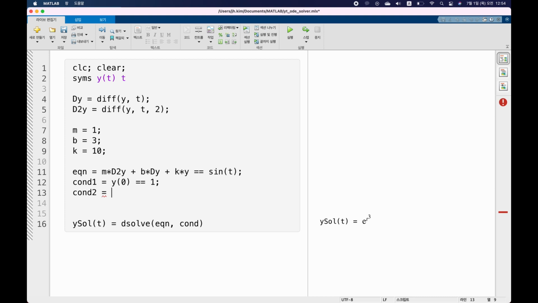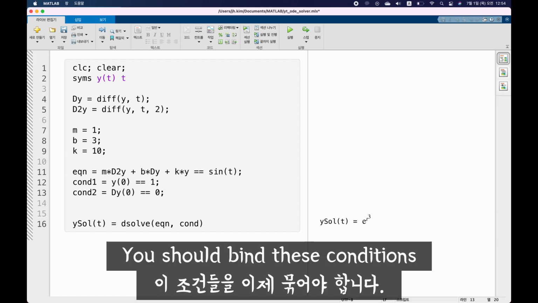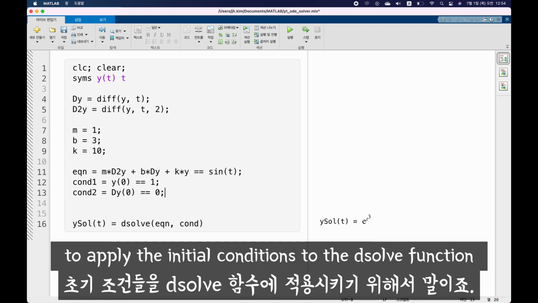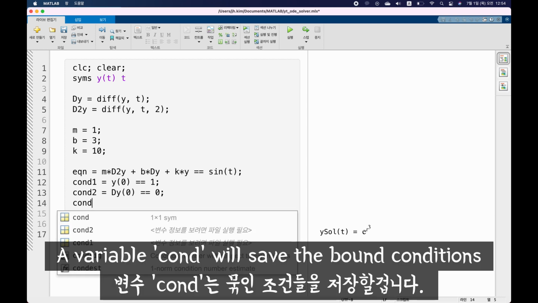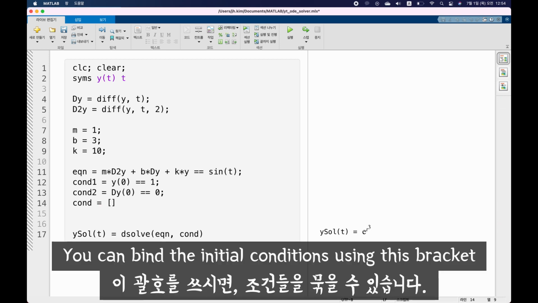So dy(0) is equal to 0. So like this, you should bind these conditions to apply the initial conditions to the function. So the variable cond will save the bound initial conditions. So cond, and you can bind the initial conditions using this bracket.